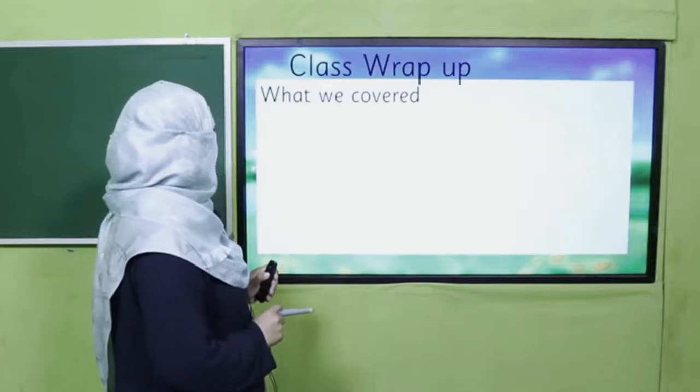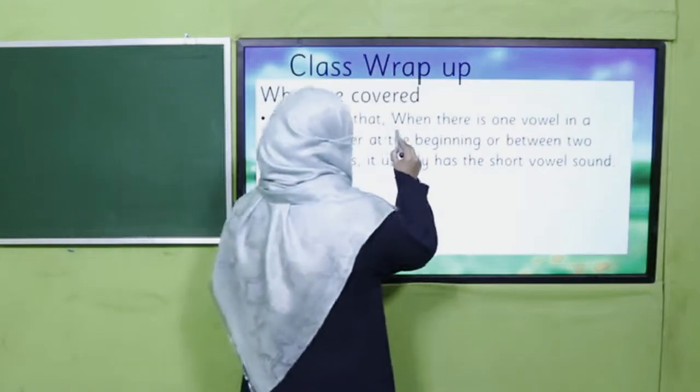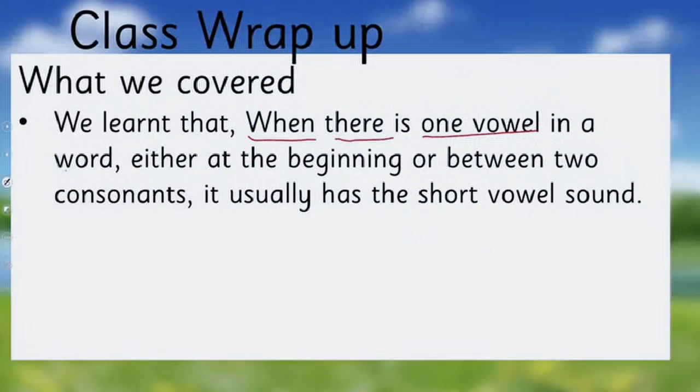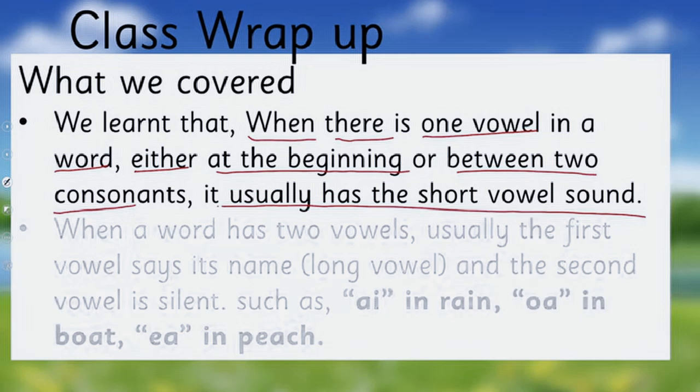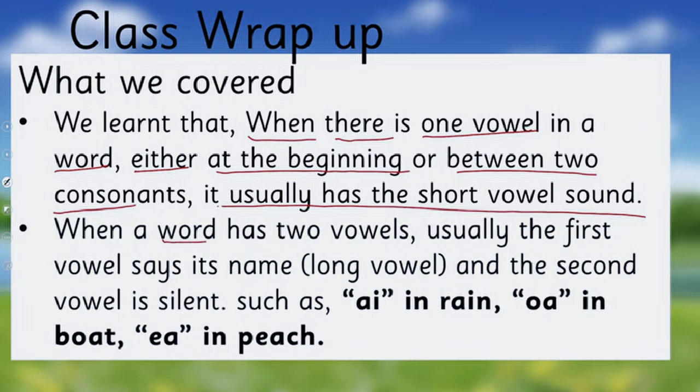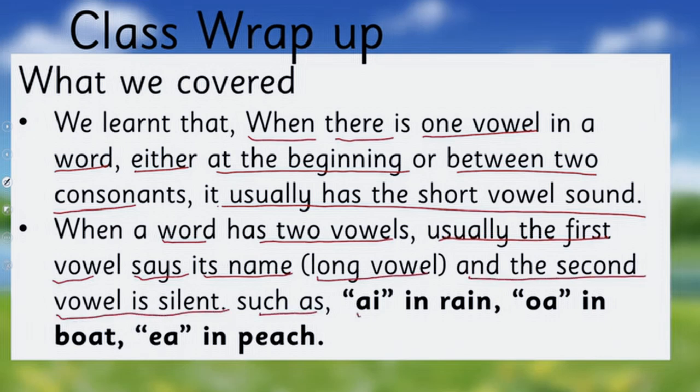So what we have learned today, we learned that when there is one vowel in a word, either at the beginning or between 2 consonants, it usually has a short vowel sound. And when a word has 2 vowels, usually the first vowel says its name, that is long sound, and the second vowel is silent, such as AI in rain, OA in boat, and EA in beach.